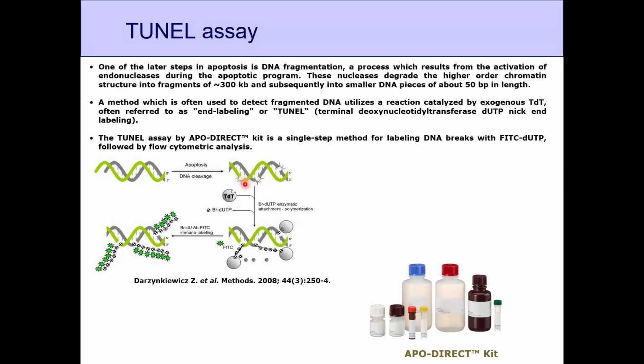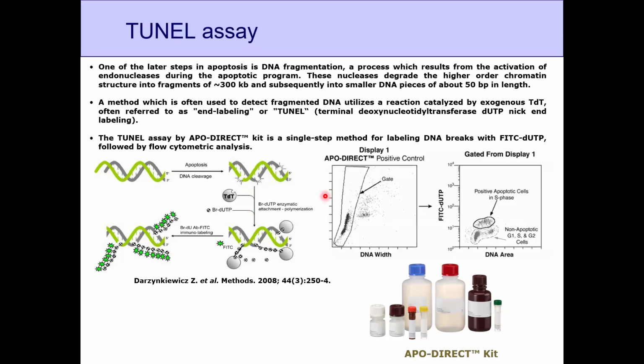When the DNA breaks, it forms nicks, small break sites, where BrdUTP binds, and it is labeled with a fluorochrome. The more the binding, the more the signal, and more signal means more damage in your DNA, showing that your cell is about to die because its DNA is damaged. So these are the examples.